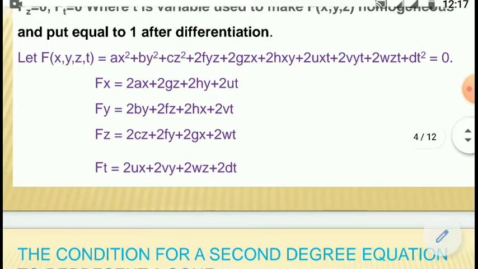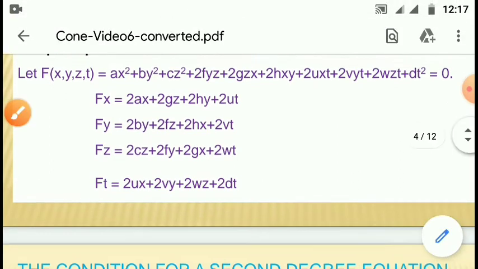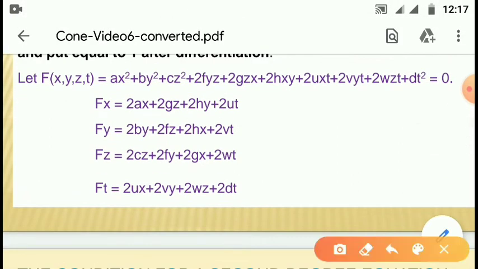Similarly, you can see by differentiating with respect to y, all variables other than y, that are x, z and t, are constants. Therefore, derivative of by square is 2by, and derivative of this term and this term is 0, and derivative of 2fyz, because we are differentiating with respect to y partially, is 2fz, and derivative of y is 1.